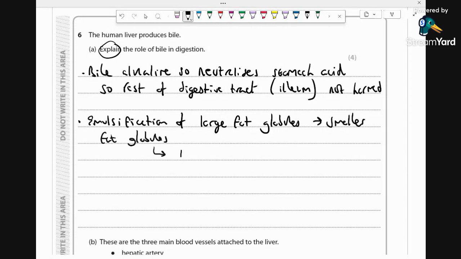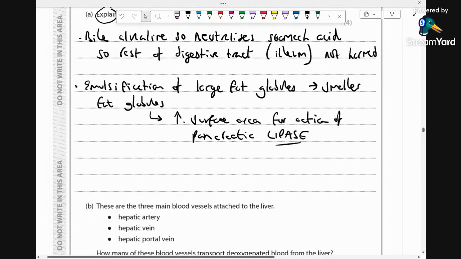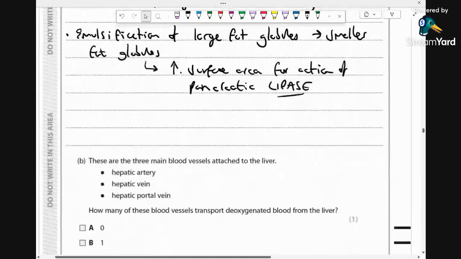And of course, this increases the surface area for the action of pancreatic lipase. Anything else that bile salts do? No, that's pretty much it.